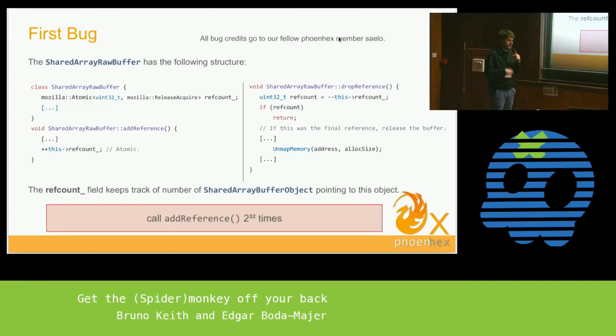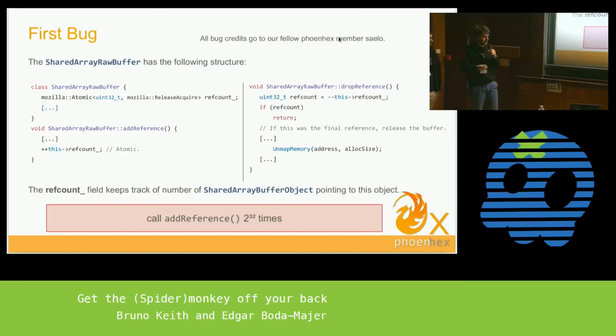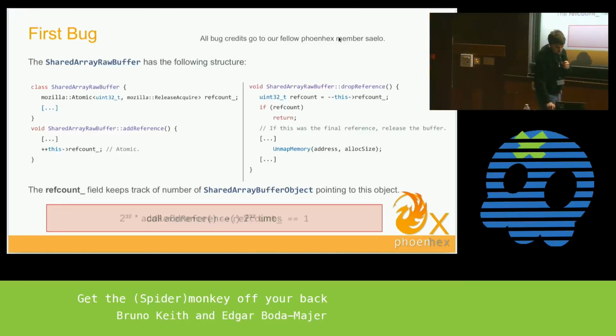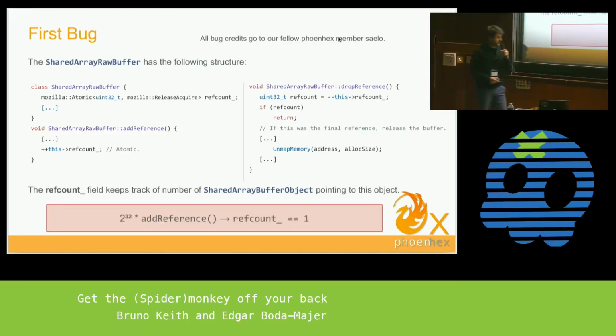Then you add a reference, then it gets 2, 3, 4, and so on. And at the end, it will be 0xFFFFFFFF. Then you add one more, and it overflows. It will be 0. And you add one more, and then it will be back to 1. So if we call add reference 2 to the power 32 times, the ref count afterwards will be equal to 1. But we actually have a whole bunch of references to the memory.